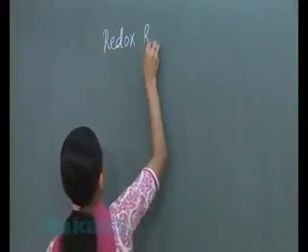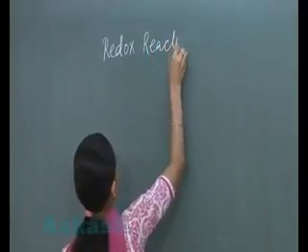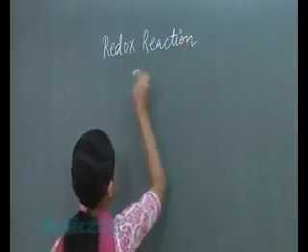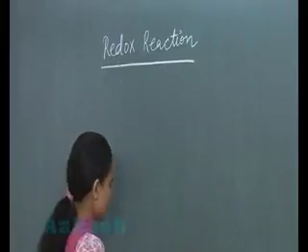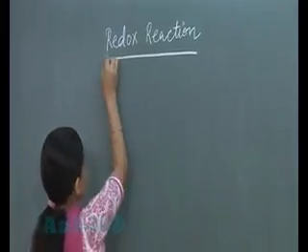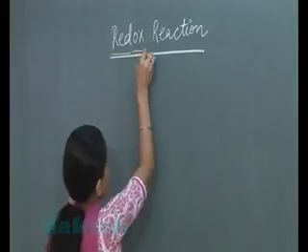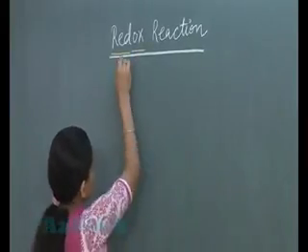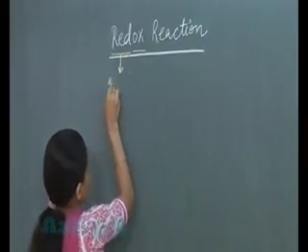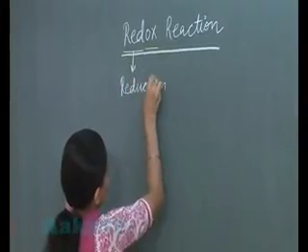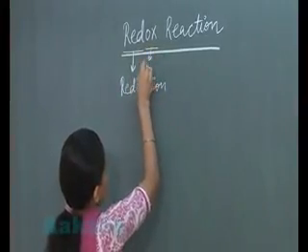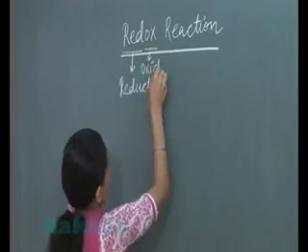Redox reactions. Students, when we split this word redox, we get red plus ox. Students, this red represents reduction, whereas this ox represents oxidation.